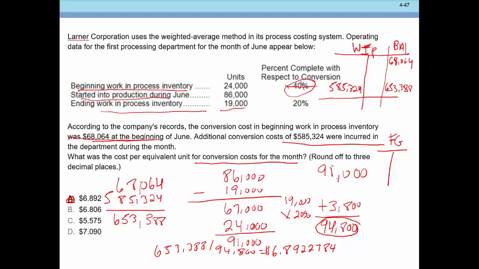I multiply that times, it's not 94,800. That's my equivalent units, right? I don't pick up that number. How many items did I say I transferred out? 91,000, right? So I say that I transferred out 91,000. So I go ahead and I take that 91,000.